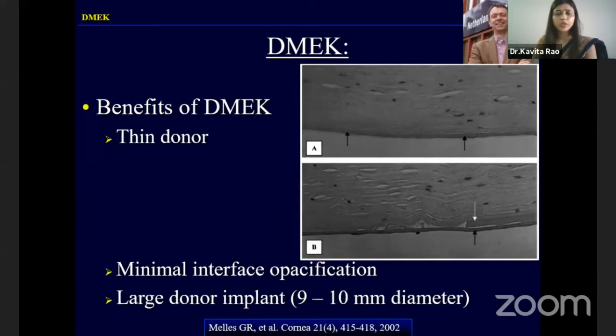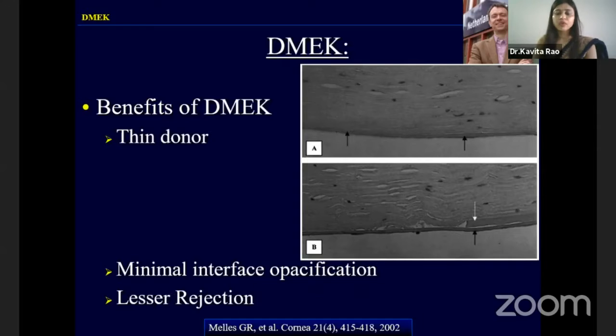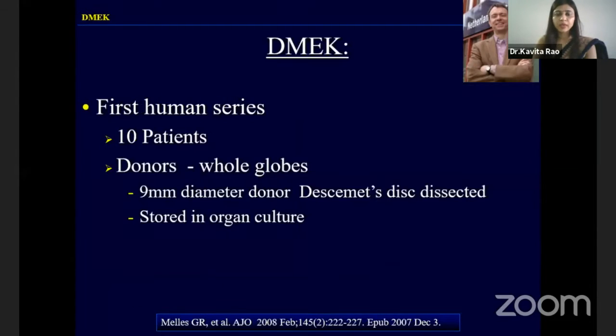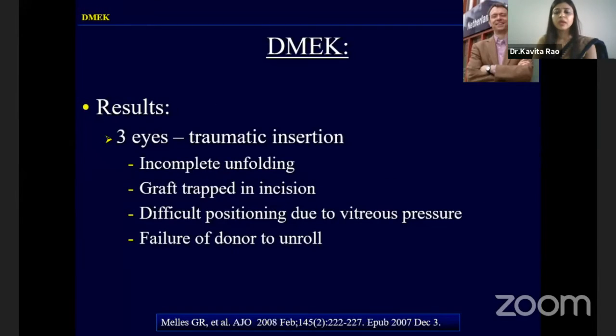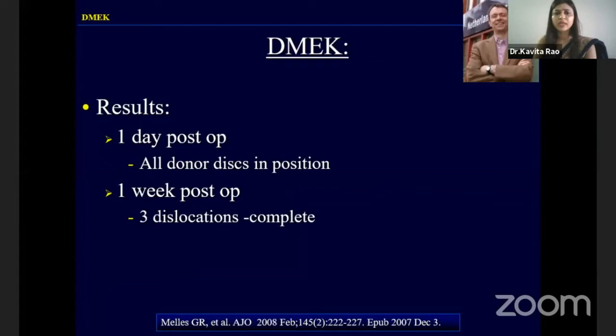And at that point, Dr. Melles also thought that we are inserting a larger donor, around 9 to 10 millimeters, so that is definitely advantageous also. And of course, lesser rejection, and that's why DMEK. Now, this was the first human series published by him in 2008, of 10 patients, where he had a traumatic insertion in 3 of them, with incomplete folding, graft trap, difficult positioning, and he also had 3 dislocations at 1 week.